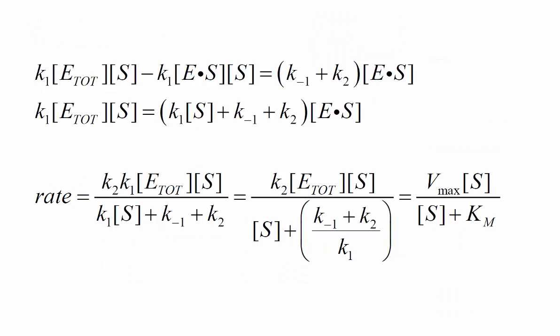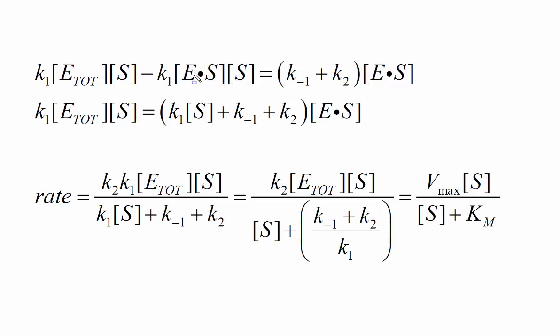Okay, so here we have the algebra worked out, and see if you can match up your work with what you see here on the screen. We have, first of all, just plugging in that expression for E. We'll have E total times S and E dot S times K1.